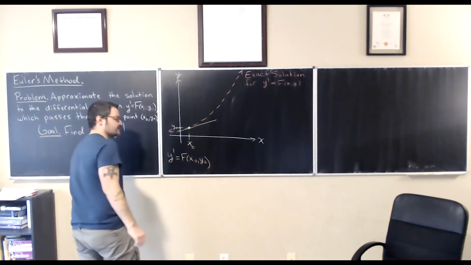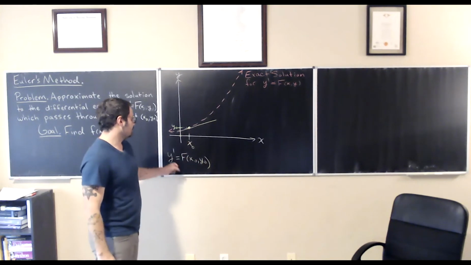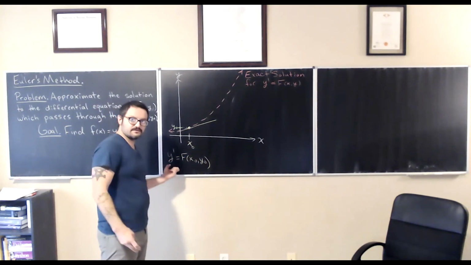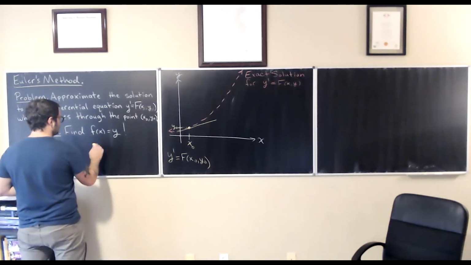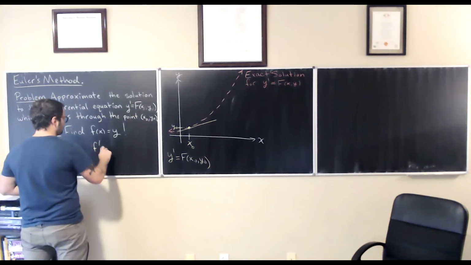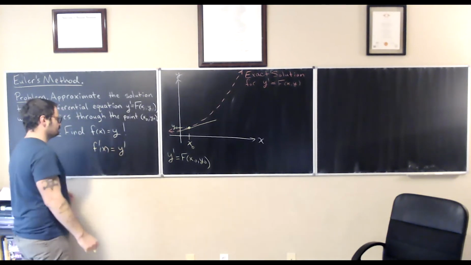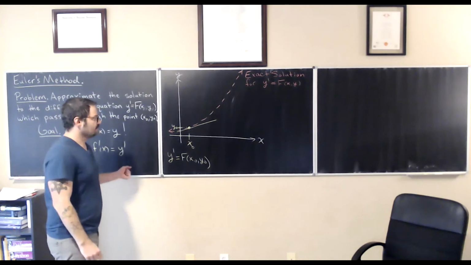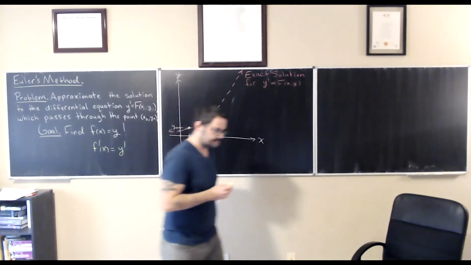If we plug that point into the derivative, which is the derivative of what we're seeking, then f prime of a point is equal to y prime, right? So we know the slope of that tangent line there.